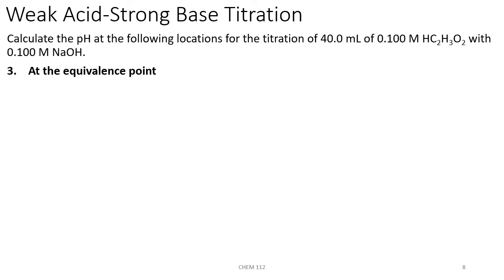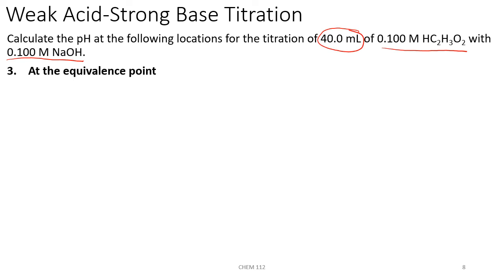Next, we're going to calculate the pH at the equivalence point. To reach the equivalence point of a titration, this is where the moles of our acid are equal to the moles of our base. So when the moles of our acetic acid is equal to the moles of our sodium hydroxide. We started with 40 milliliters of 0.1 molar acetic acid.